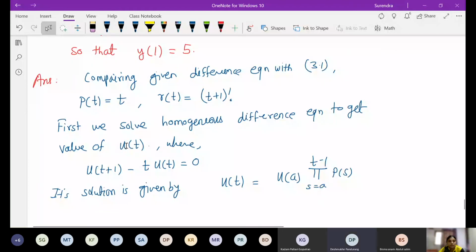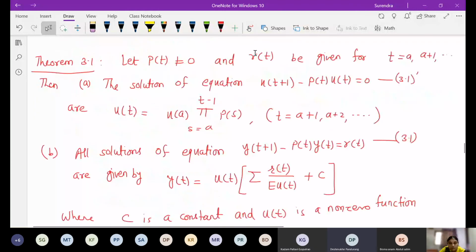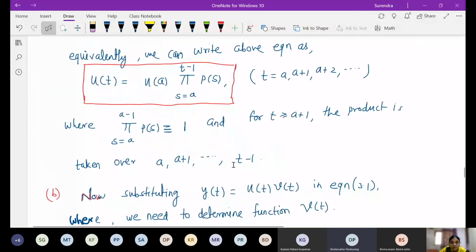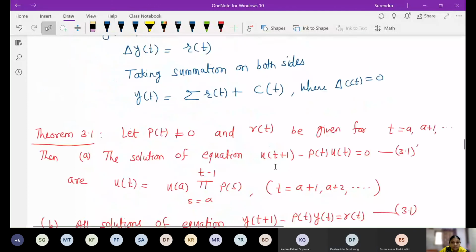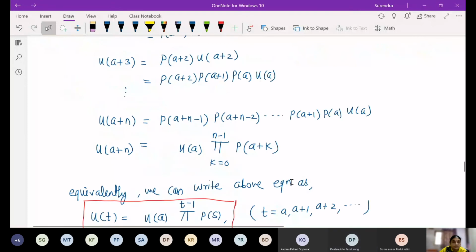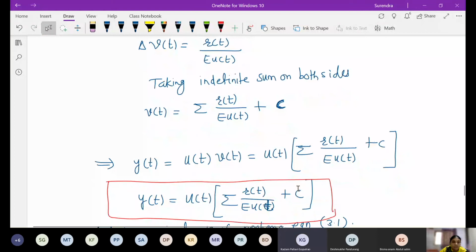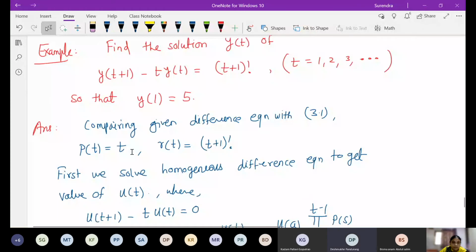In 3.1 we have proved the solution of this equation. Here, instead of p of t, I wrote only t, since p of t is t for this example. Okay.